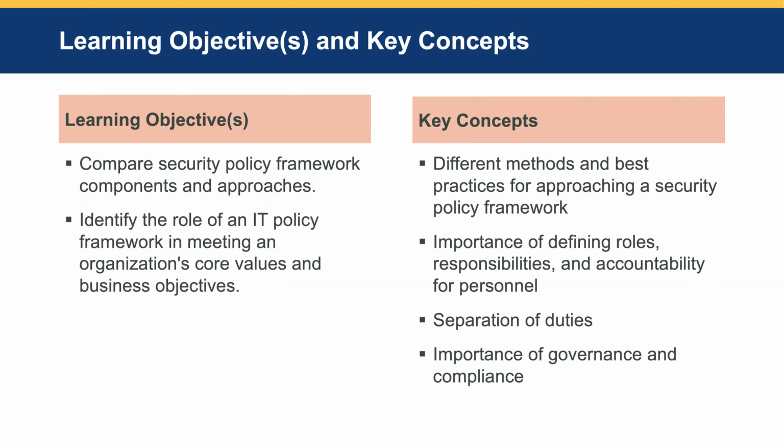And then we're also going to need to ensure that we take into consideration the importance of governance and compliance. And so in order to accomplish this, we'll need to compare and contrast multiple frameworks, identify those top security policy frameworks that we could use, and make sure that we're able to understand the roles associated with the stakeholders in the framework.